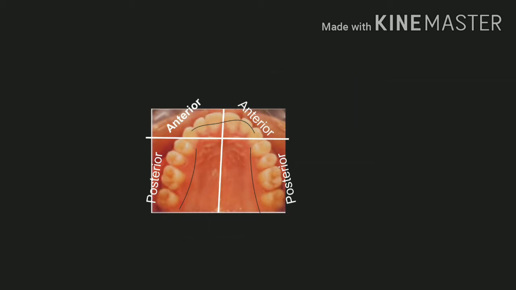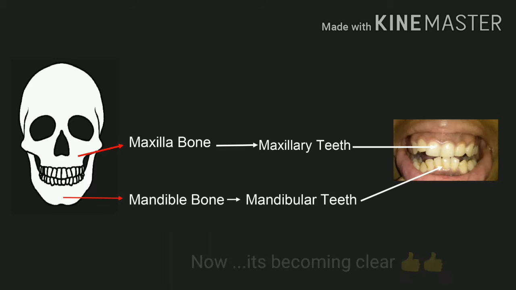When they talk about posterior or back teeth, they are talking about the 2 premolars and 3 molars, or any one of the premolars or molars. So remember, anterior means front, posterior means back.